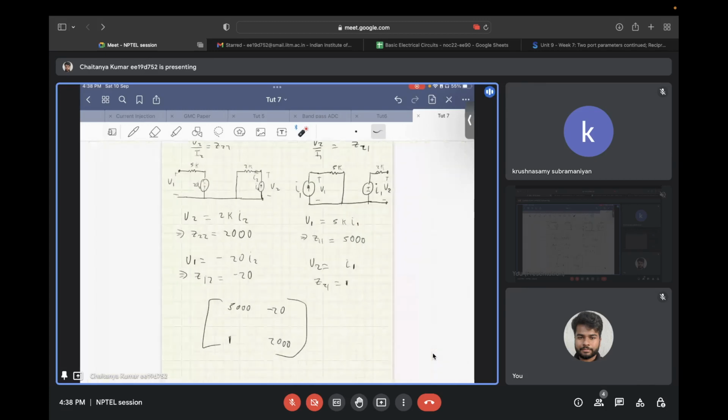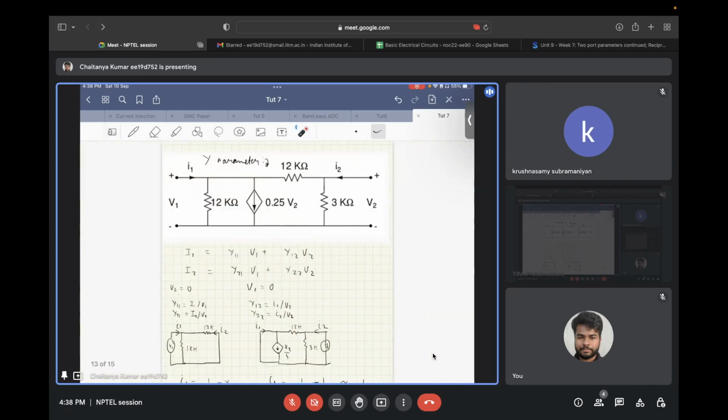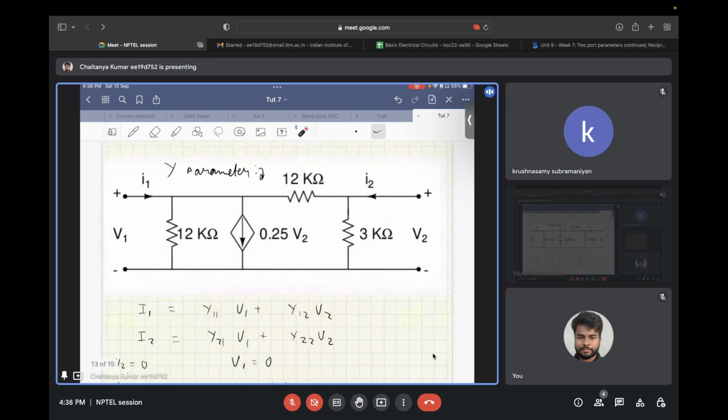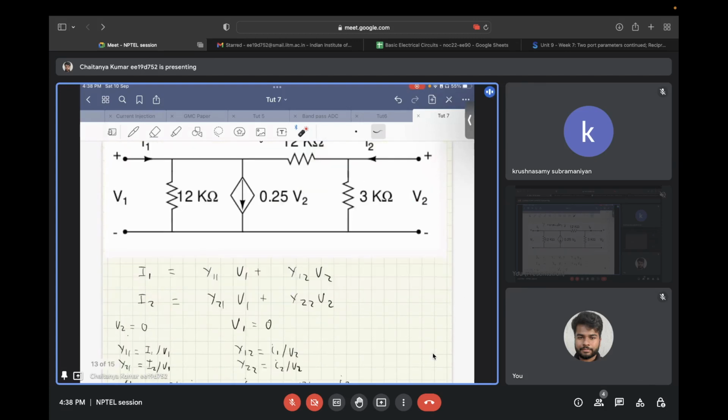Now a similar concept can be applied for finding Y parameters. Let's consider this network and try to find the Y parameters. For Y parameters, we have I1 equal to Y11 times V1 plus Y12 times V2, and I2 equal to Y21 times V1 plus Y22 times V2.